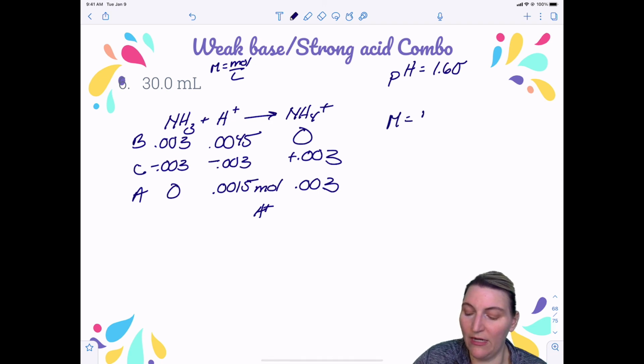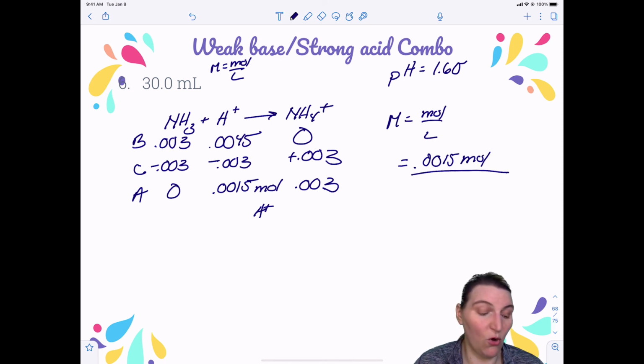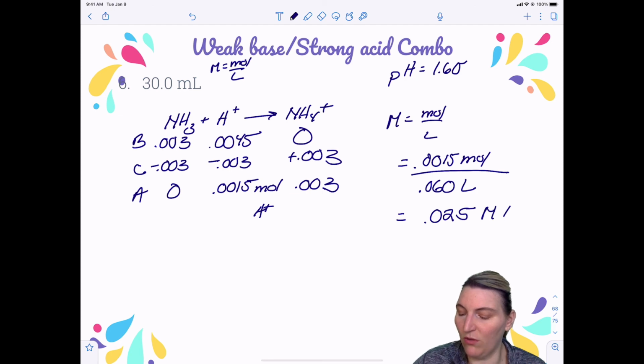So molarity equals moles over liters, 0.0015 moles. The total volume was 30 milliliters that we started with, plus the 30 milliliters that we're adding, or 60 milliliters, or 0.060 liters. The molarity of that solution is 0.025, and that's the molarity of the H plus. And then, of course, the negative log of that will give a pH of 1.60.